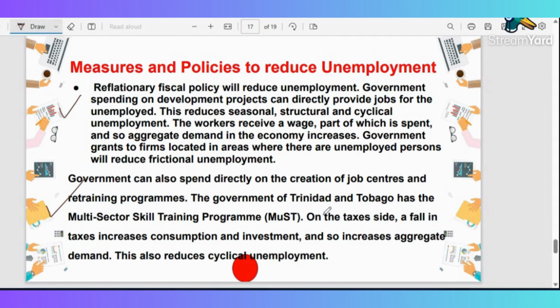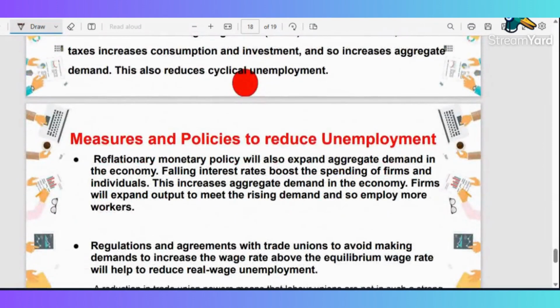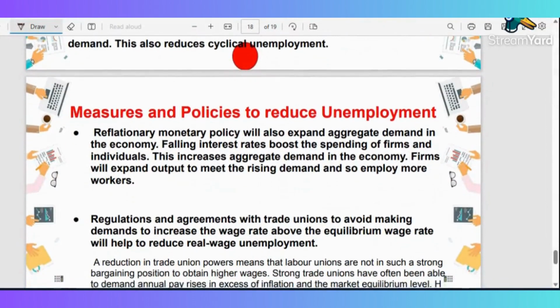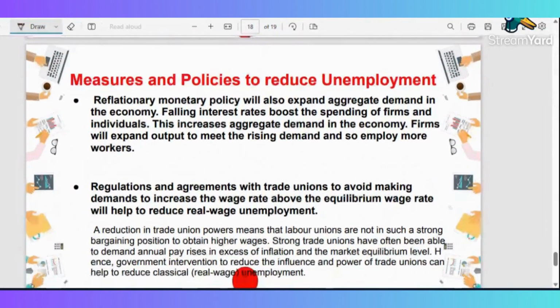In short, government can also spend directly on the creation of job centers and retraining programs. For example, the government of Trinidad and Tobago has the Multi-Sector Skill Training program, MUST. On the taxes side, a fall in taxes increases consumption and investment. So when taxes are lowered, there is an increase in investment, and so aggregate demand increases. This also reduces cyclical unemployment. And we have the last set here now.